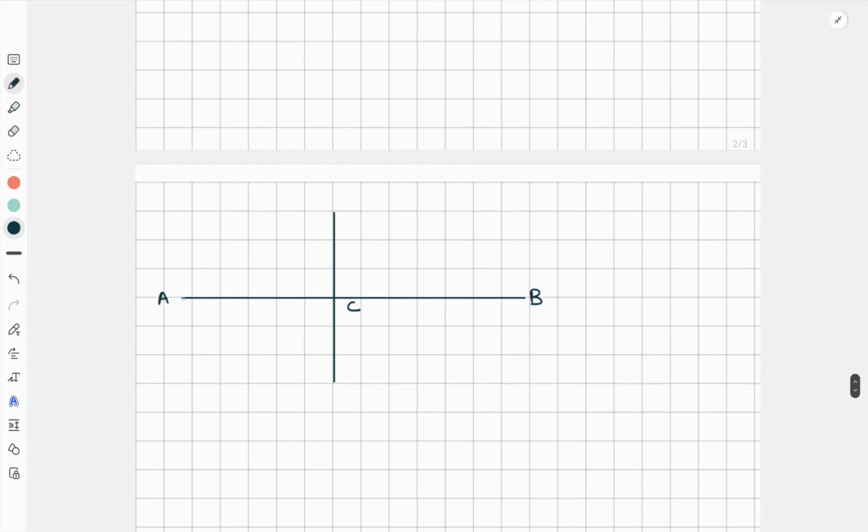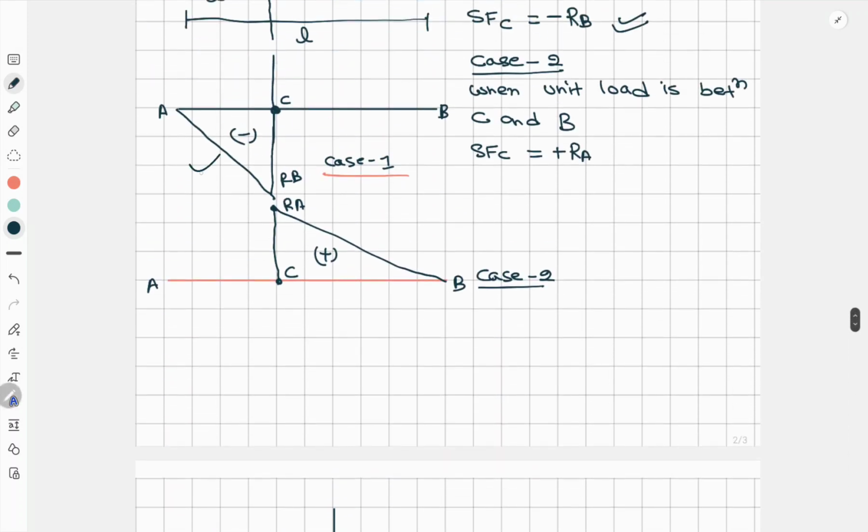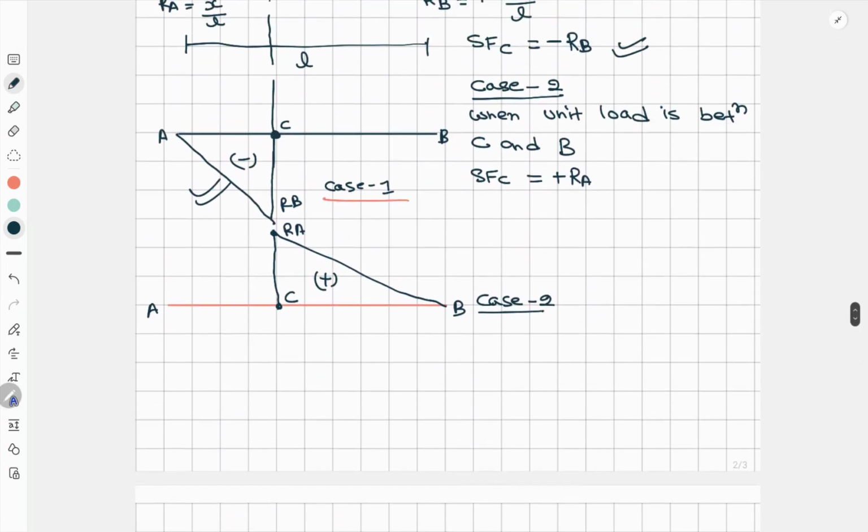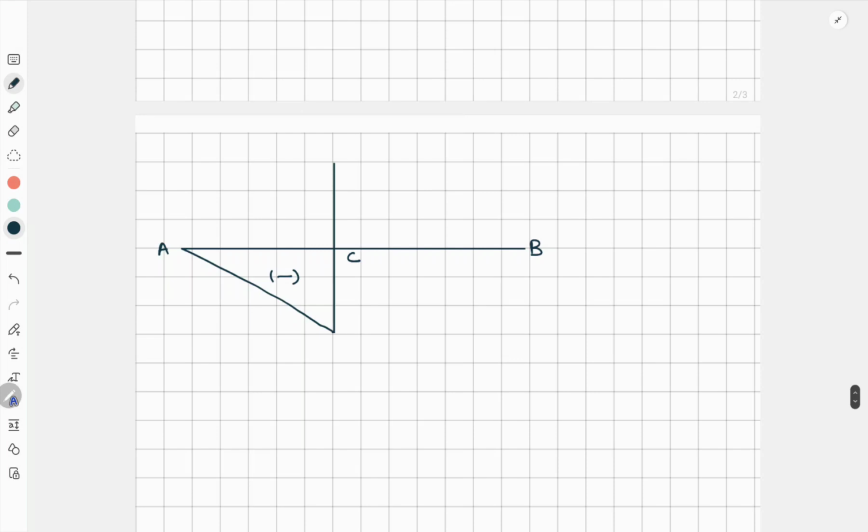Negative is like this, right? And the positive is at this particular point. Positive will be like this. This is the combined diagram, and this is the final diagram for shear force.